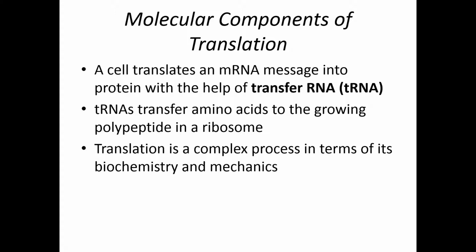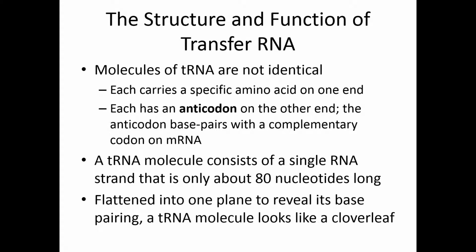In this case, these amino acids are going to be used to assemble your polypeptide chain, or your protein. Now, your transfer RNA. You have many different types of transfer RNA that will bind to a specific amino acid.